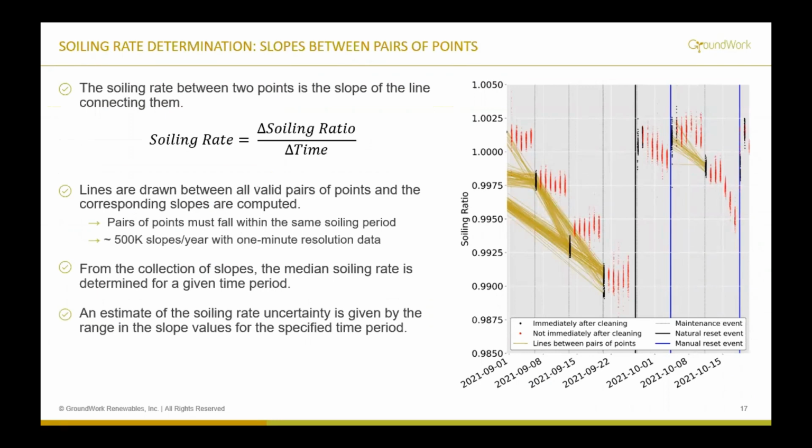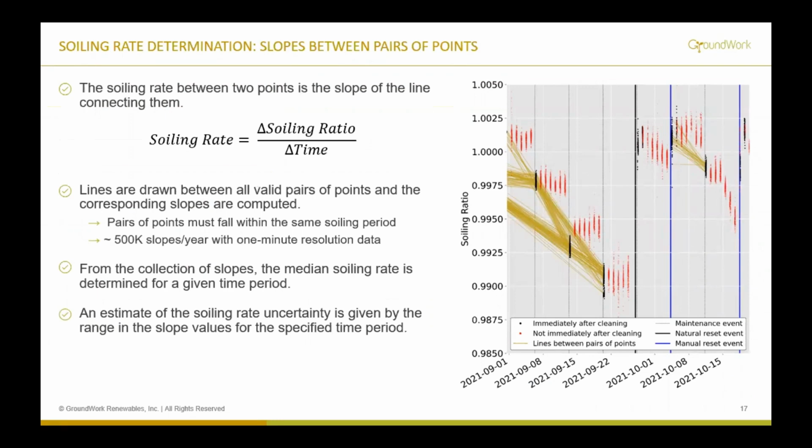So for a 1-year campaign, we typically get about 500,000 slopes, and those individual slopes can be aggregated into, for example, monthly or annualized values. That's typically what people are looking for. And because of the 1-minute data we use, the volume of data that we have is sufficient in order to calculate the statistics to describe the uncertainty in those soiling rates.